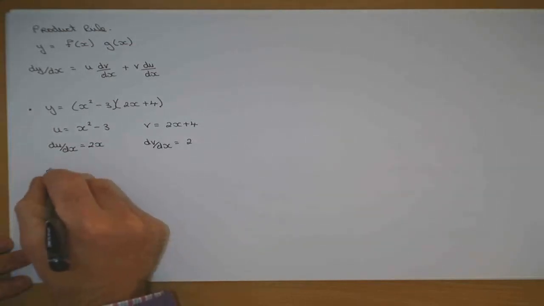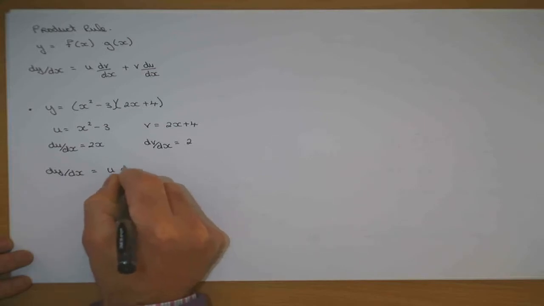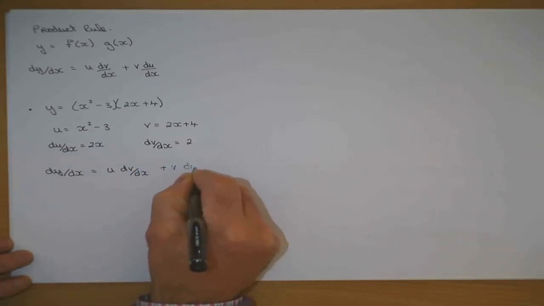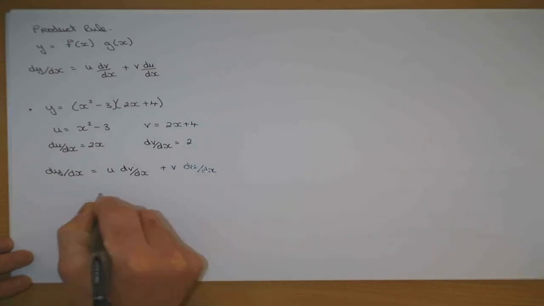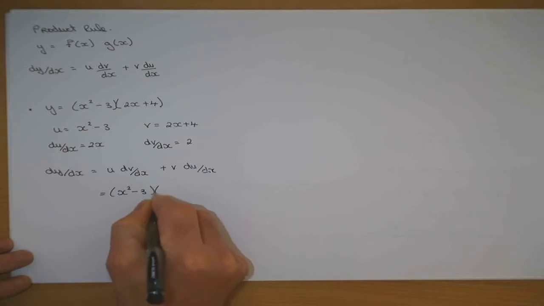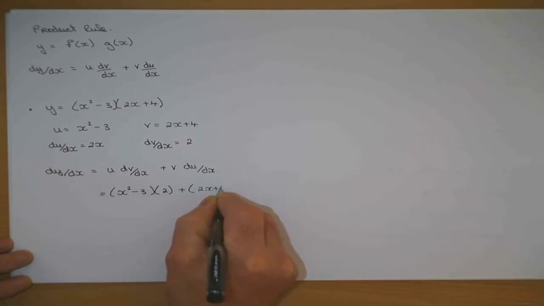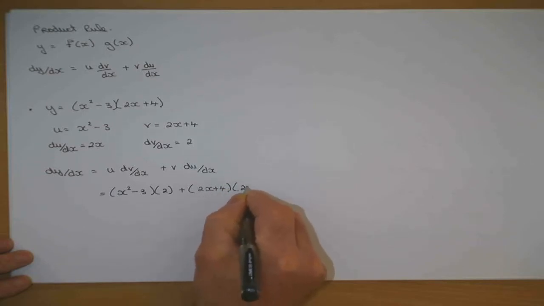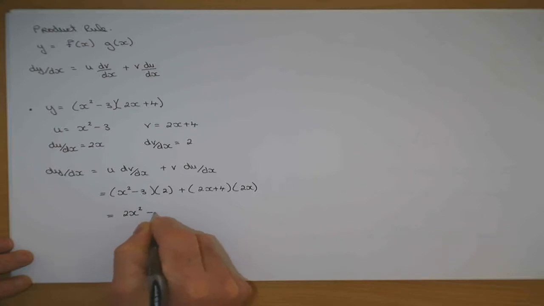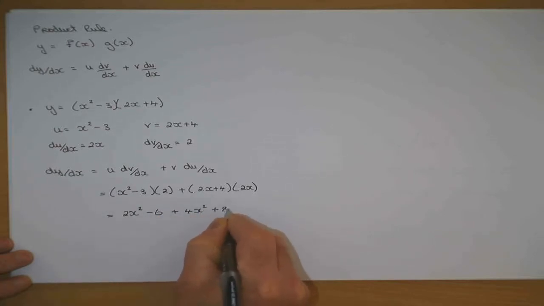So then dy/dx is equal to u dv/dx plus v du/dx. It is equal to (x squared minus 3) times dv/dx, which is 2, plus v, (2x plus 4), times du/dx, 2x, which is 2x squared minus 6 plus 4x squared plus 8x.